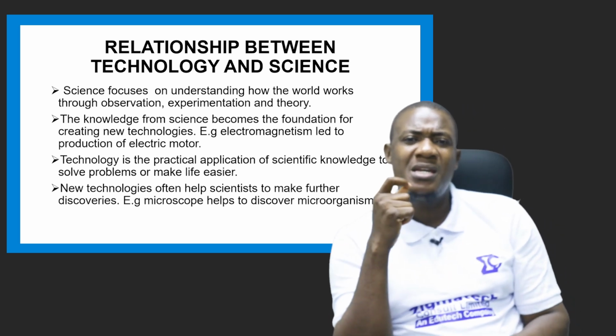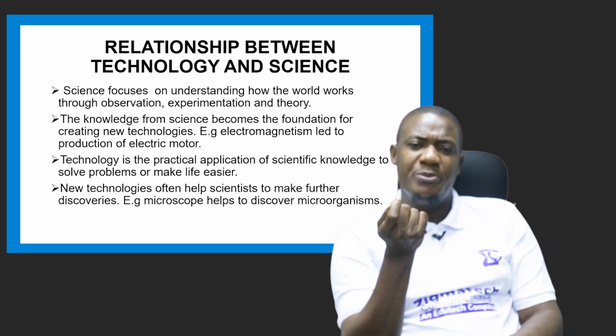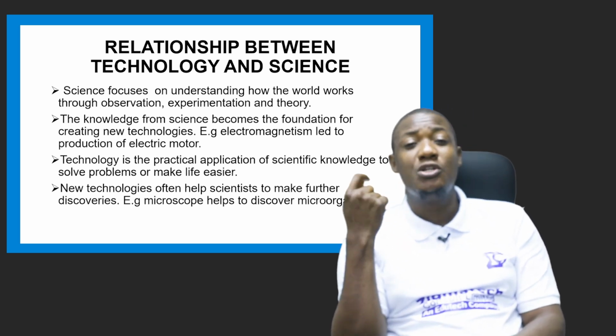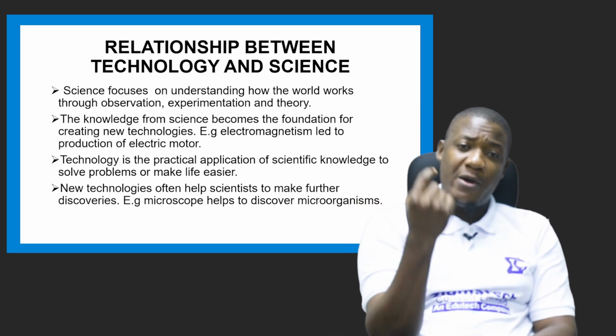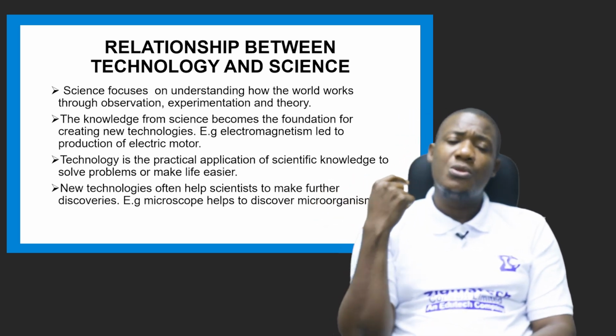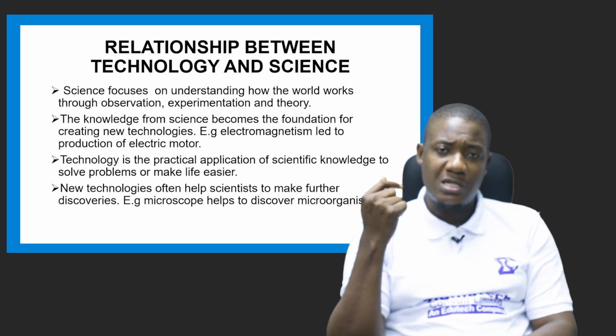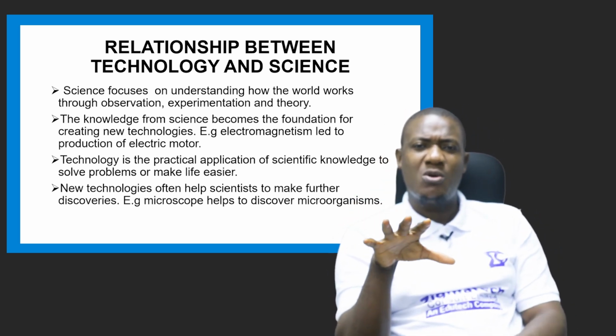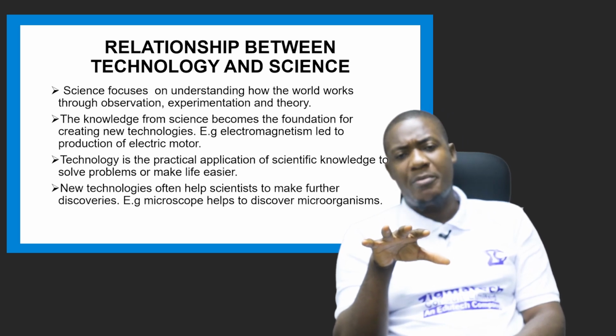Now we can see microbes, we can see bacteria, we can tell you the morphology, we can tell you how a fungus looks like, we can tell you this is the way a virus is because of that technology which is in microscope.